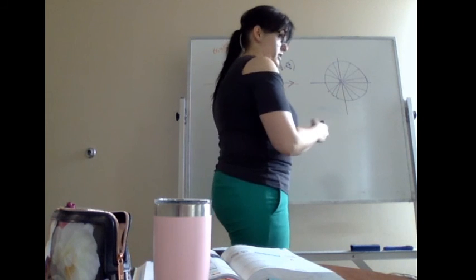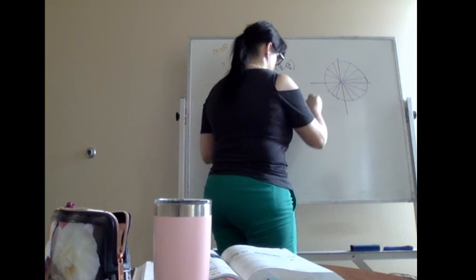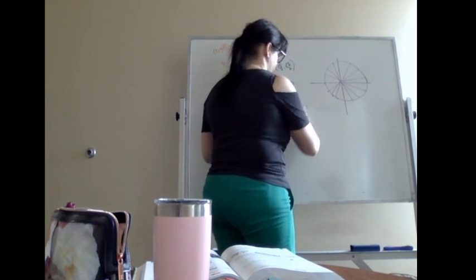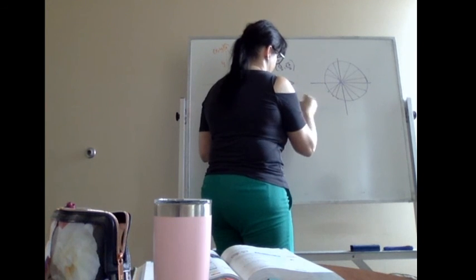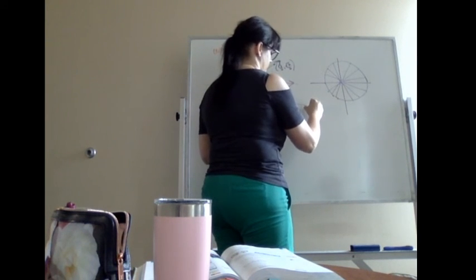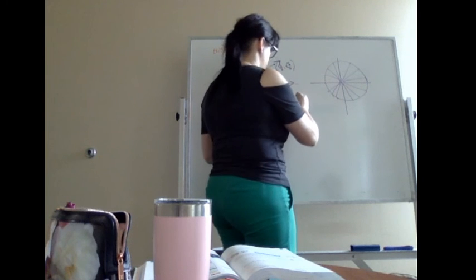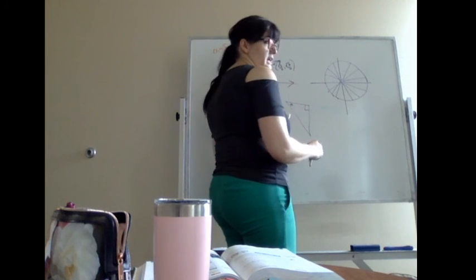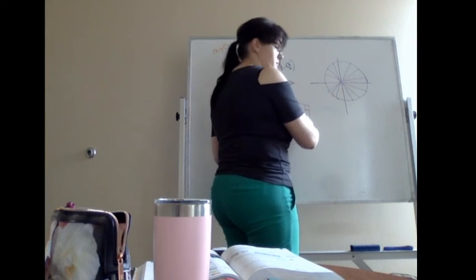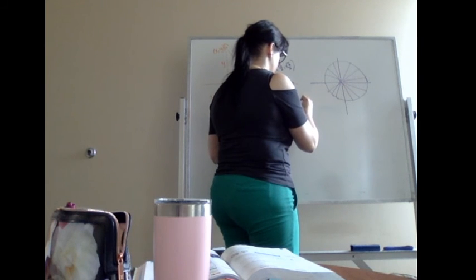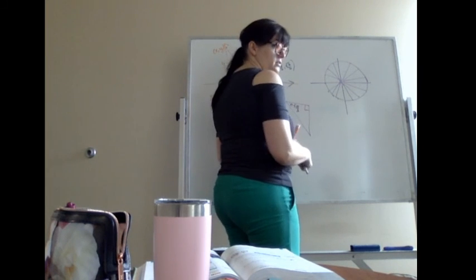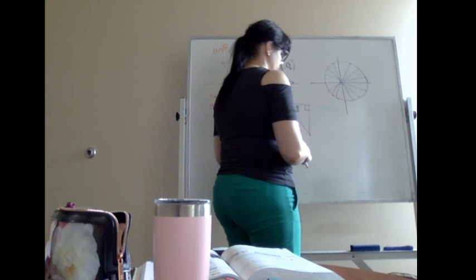I could draw a triangle. It would look like this. This is theta. And I could find opposite over hypotenuse based on theta being 5 pi over 3. Does that make sense?